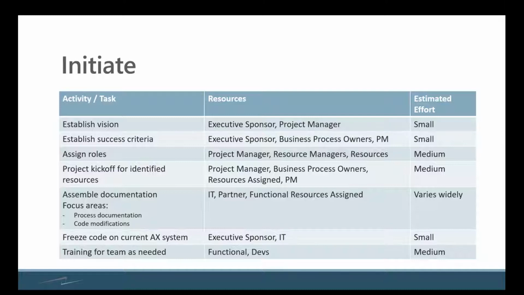But the roles, as you can see, as we start looking at, for example, the project kickoff and also the documentation for those focus areas, process documentation and code documentation, start involving many more people as we go through this process. And then finally, the training as well and the freezing of code.